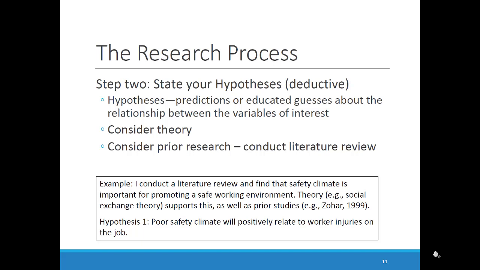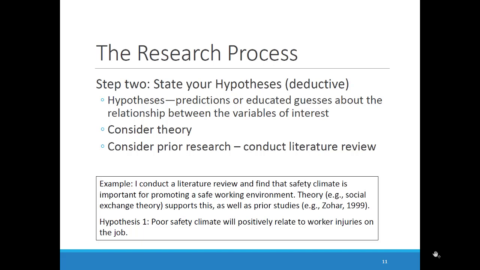Okay, so like I was just saying, hypotheses are predictions or educated guesses about certain variables and how they operate. In terms of coming up with hypotheses, we consider theory. We also consider prior research findings, so we conduct a literature review.